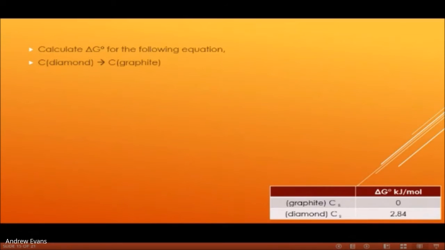So we don't have to worry about our diamond rings degrading in our lifetime. It takes thousands and thousands of years. It's a slow process. But the fact of the matter is, diamonds are less stable than graphite, and so will eventually degrade.